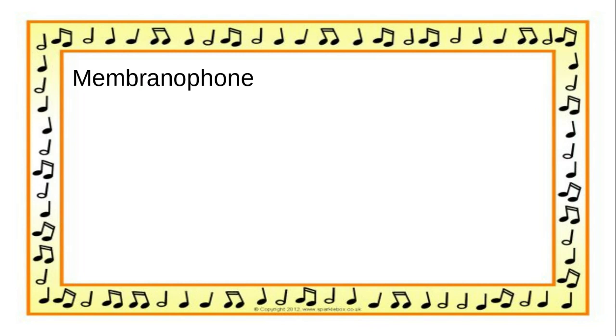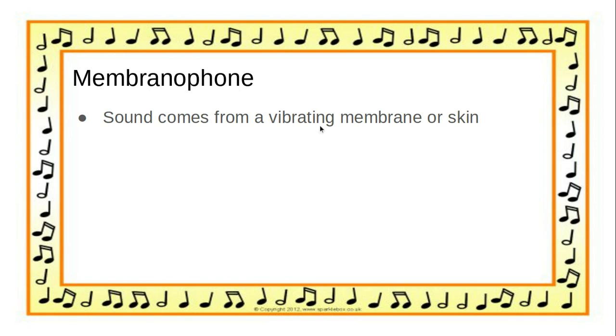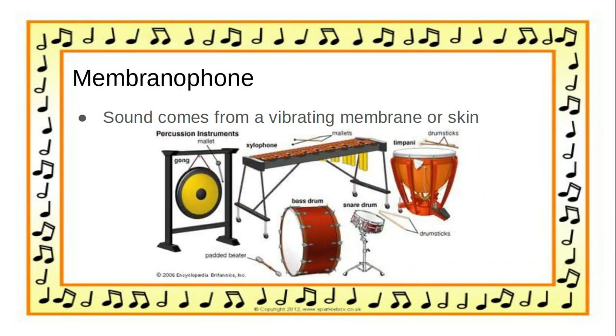A membranophone. Okay, so we know that the last part here, phone, means sound. So this is going to tell us how it makes the sound, membranophone. So sound comes from a vibrating membrane. That's pretty easy. Membrane, membranophone, or a skin. Okay, so if you want to put it in a more musical text, you can say percussion instruments.